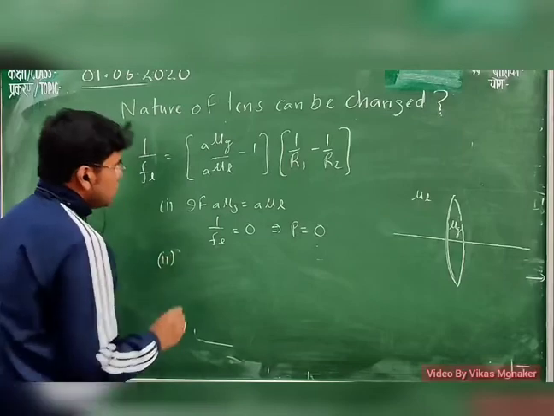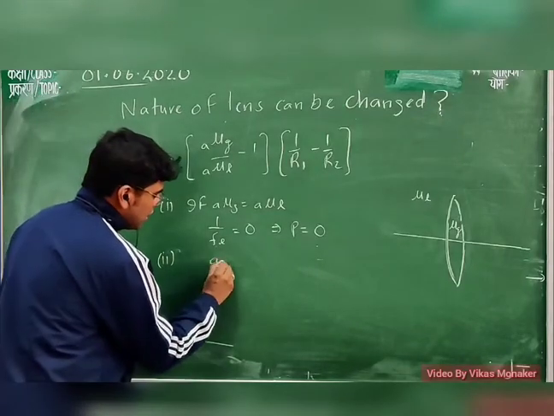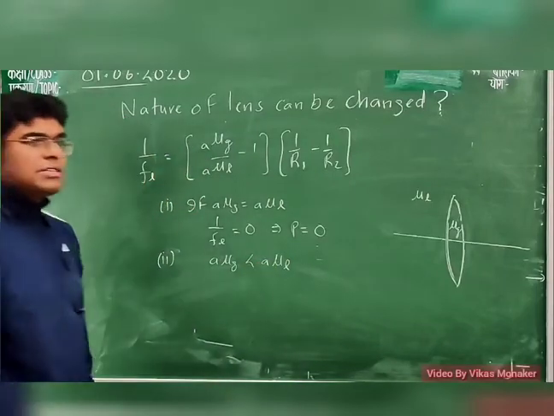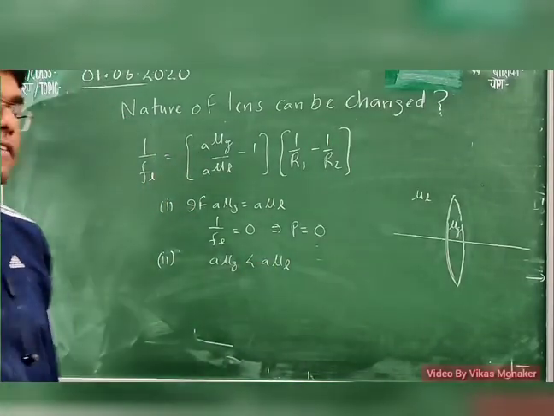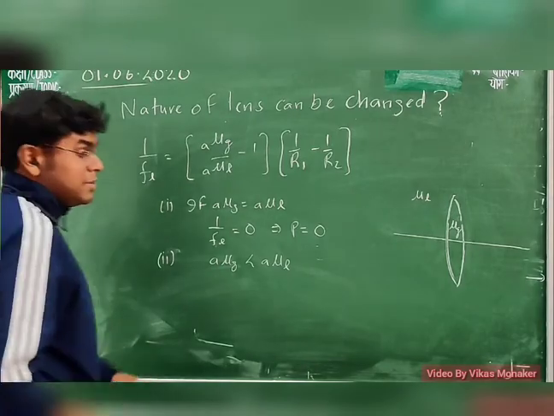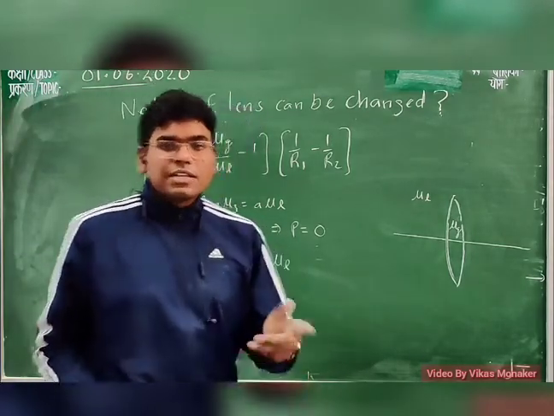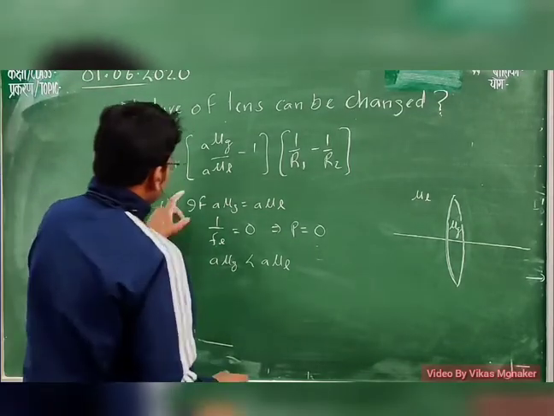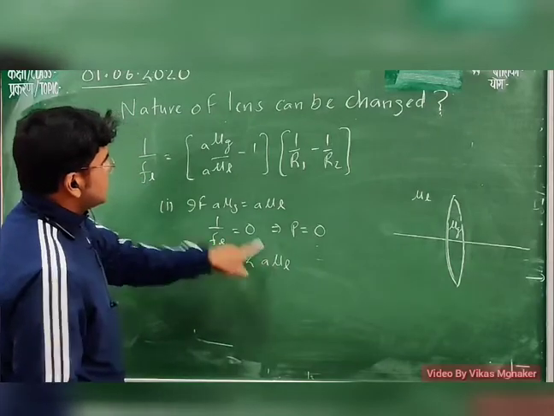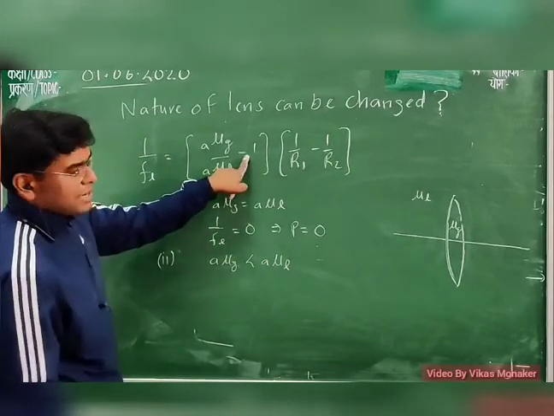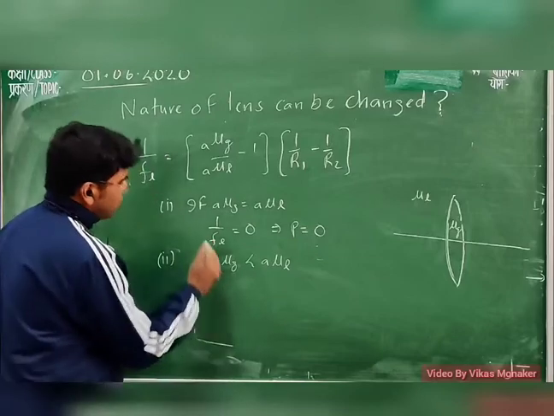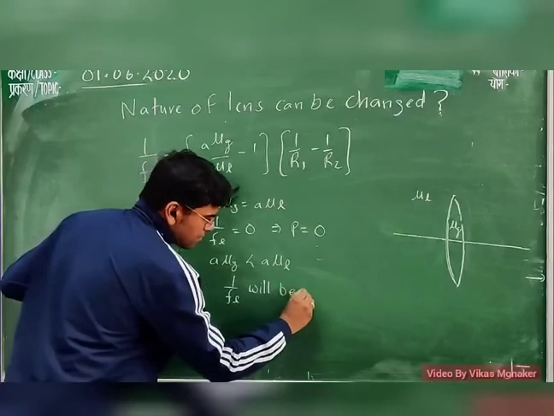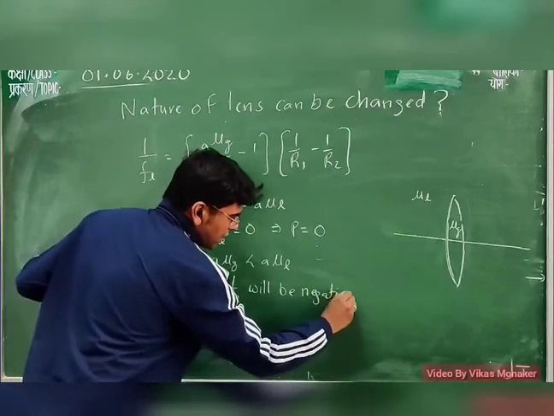Second case: if mu g is less than mu l, meaning you are placing the lens in a medium whose refractive index is more than the refractive index of the material of the lens. Then what will happen? Mu g is less, mu l is greater, so you are dividing by a greater quantity and subtracting 1. Then 1 upon f l will be negative.